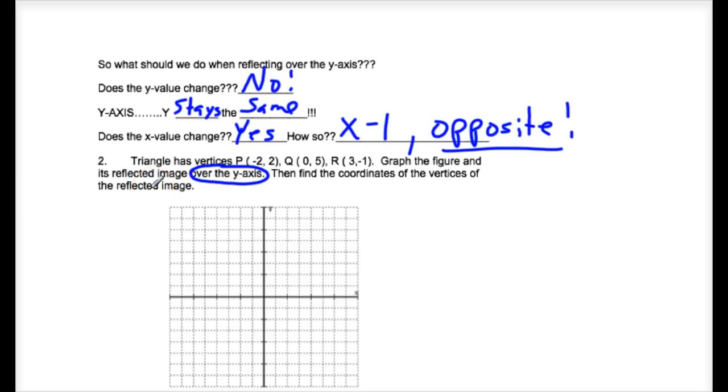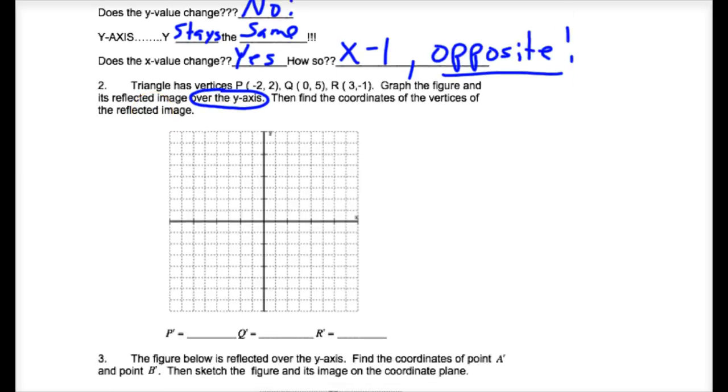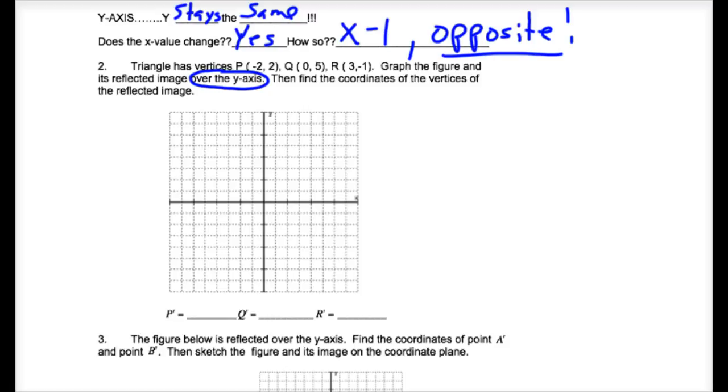Looks like we're going to reflect a triangle here. Let's graph the original one first. Okay, practice graphing, guys. Some of you guys are still not thinking enough while you guys are graphing. -2, 2. That's P. Q is at 0, 5. Up on that y-axis. And R is at 3, -1. Nice try.